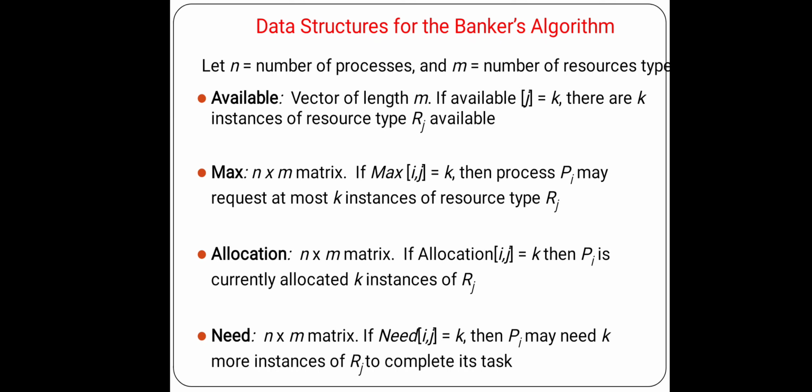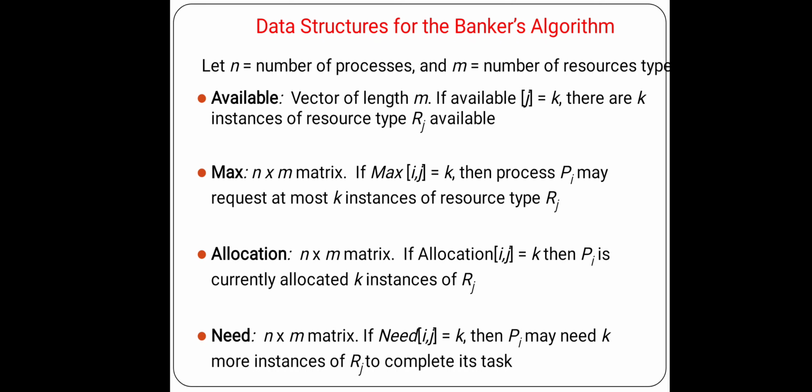See, what are the maximum number of resources needed to complete the execution of one process. Okay, simply max means the maximum number of resources which are needed to complete the execution of a single process. Next, allocation. It is a matrix.